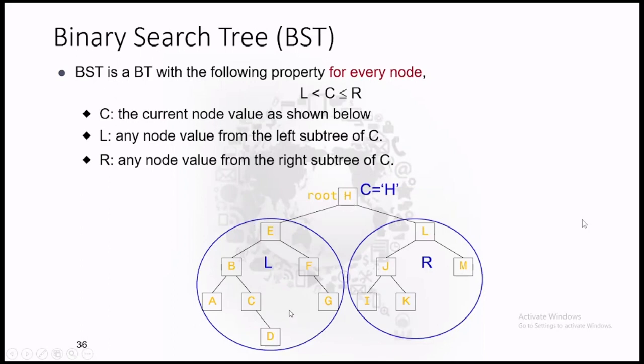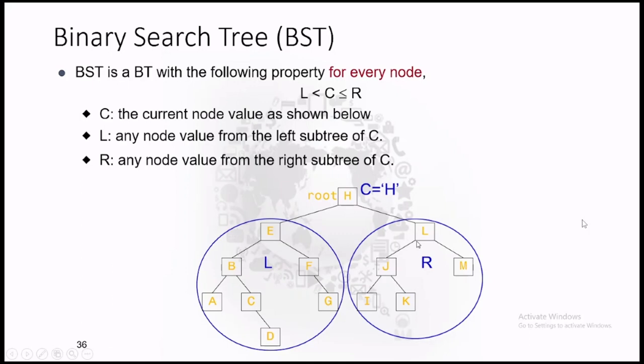But when it comes to the subtree, of course, here, E will be the current node for the subtree. Left, here, this part is left and this part is the right. Same for the right side over here.